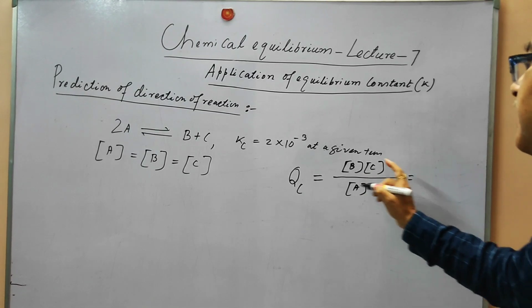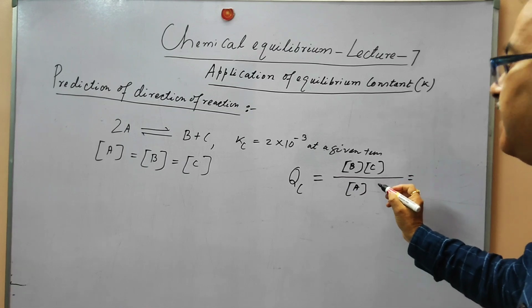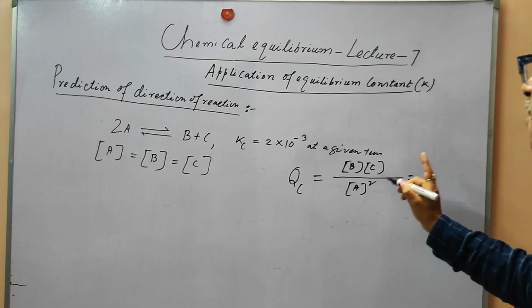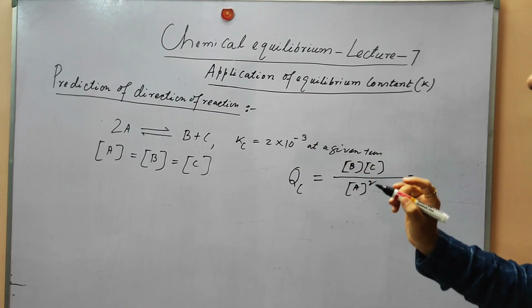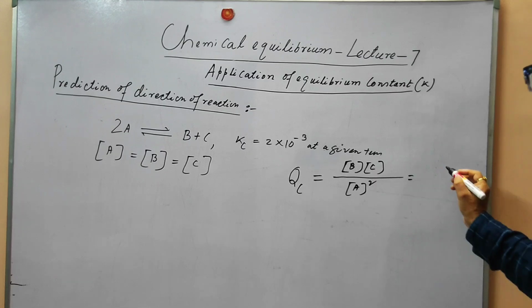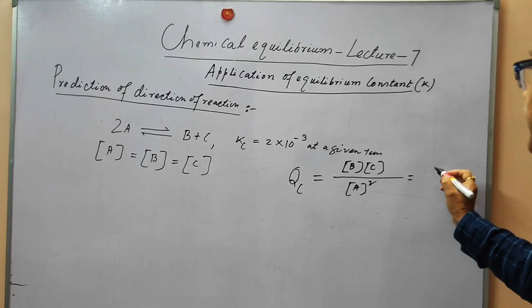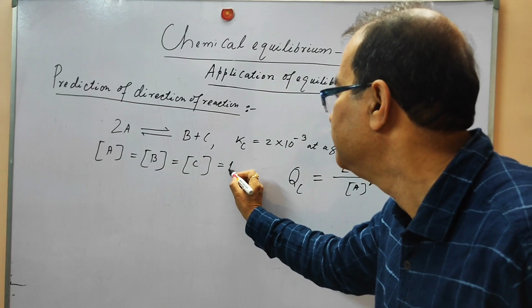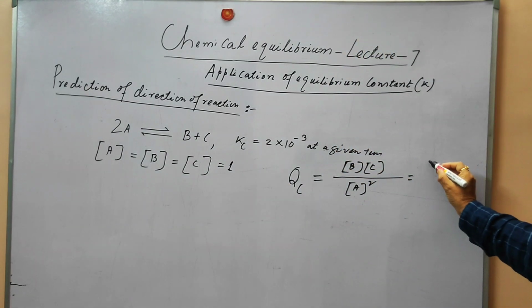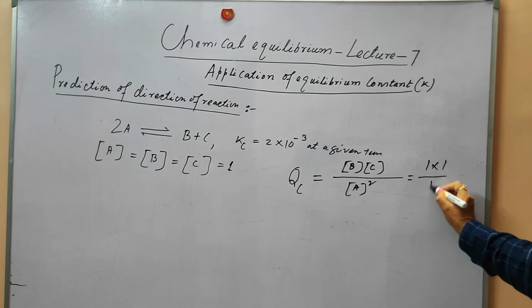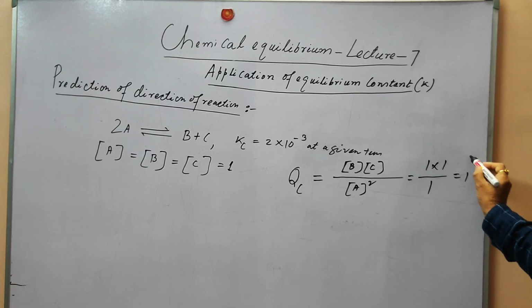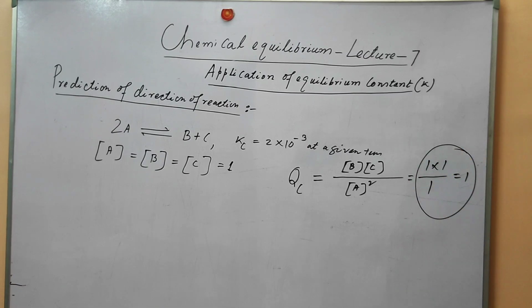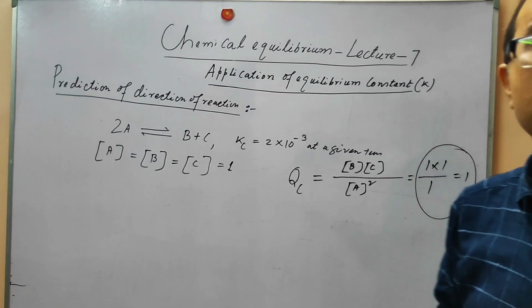What we have given are all concentrations, suppose it is 1 molar. Then 1 into 1 divided by 1 is 1. So the reaction quotient here is 1.